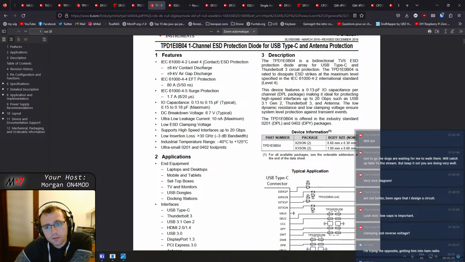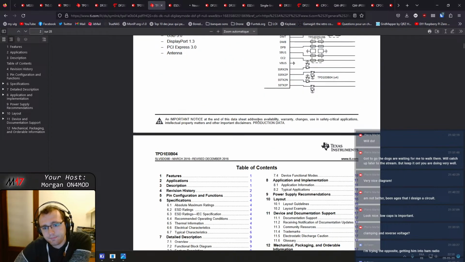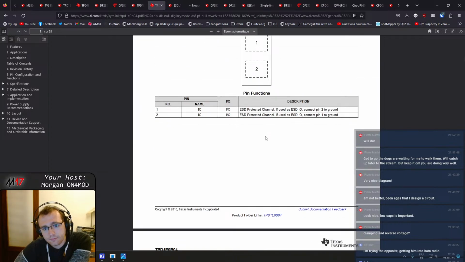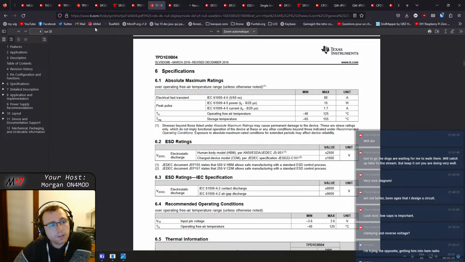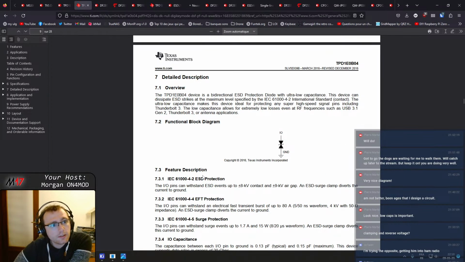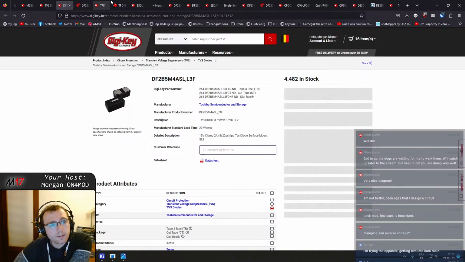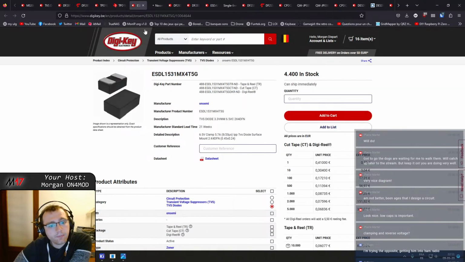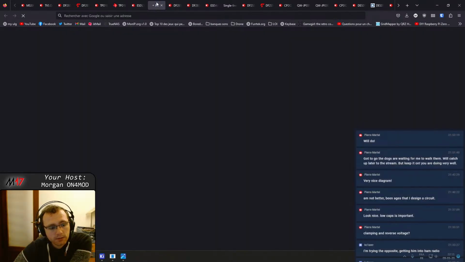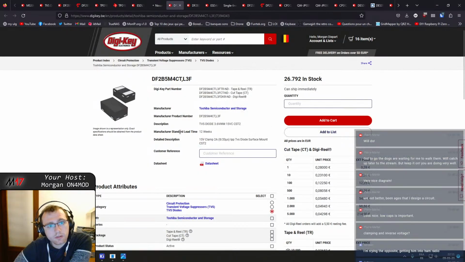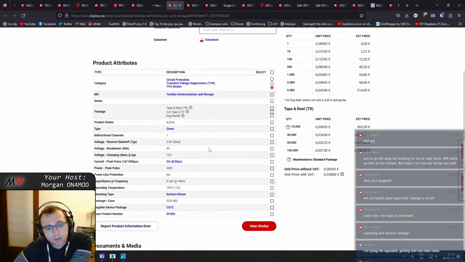Yeah, it's lower ESD protection. So which package was that one? Let's see. Okay, let's remove that one. And this one, CST2 or SOD882.